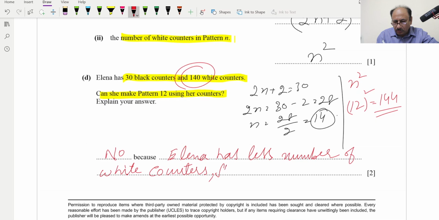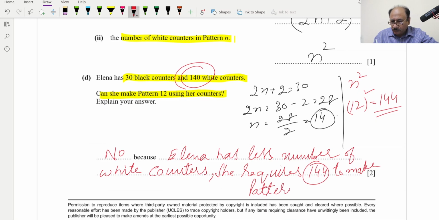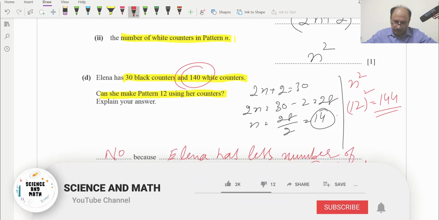She requires 144 to make pattern number 12. That's all. So we are done with the paper.